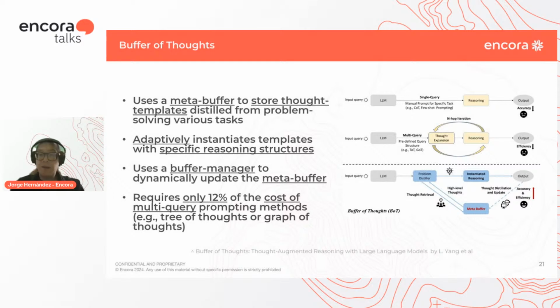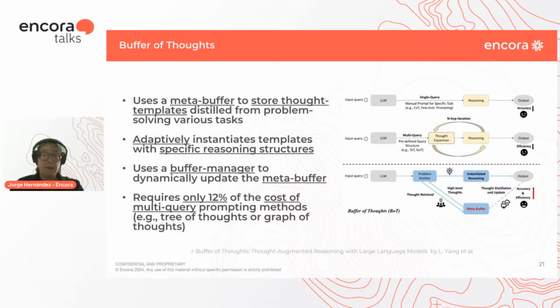And as you can see on the right, it has the advantage that it doesn't require multiple calls to refine and to find the right prompt for the model, because it exploits precisely those templates, and those are managed dynamically, so they can be updated as you fine tune the model, as you change your model from one version to another, and as the tasks themselves evolve or the questions your users ask you change.